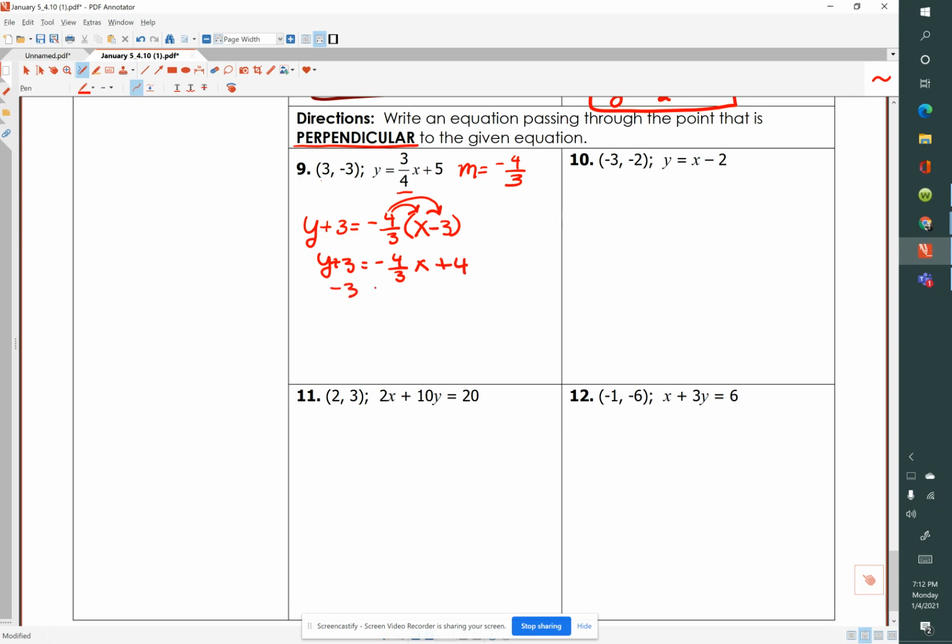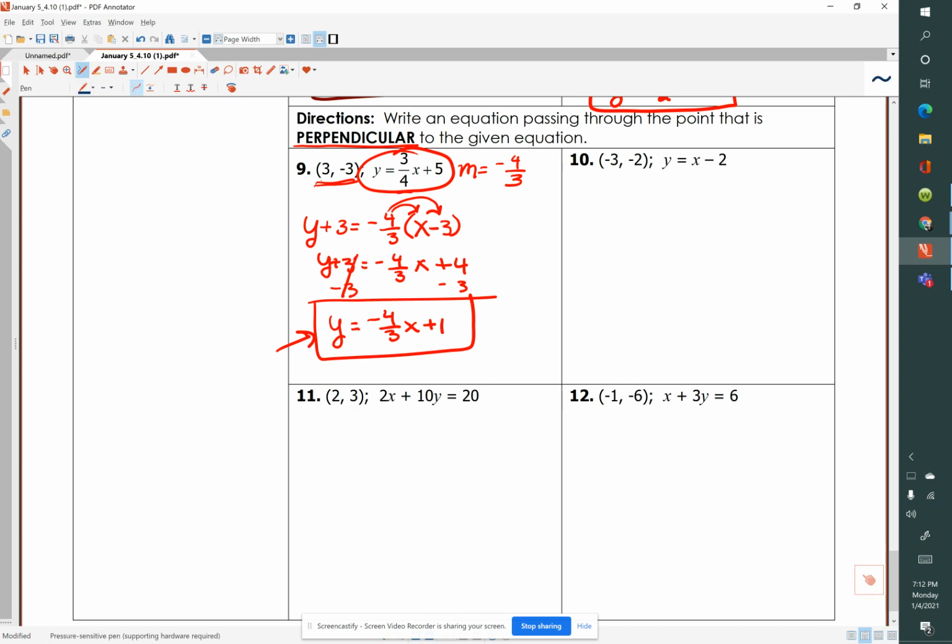So now we subtract 3 from each side of the equation, and then we're left with y equals -4/3 x plus 1. And if you graph this line and this line, you will find that they are perpendicular to each other and that they contain the point 3, -3.